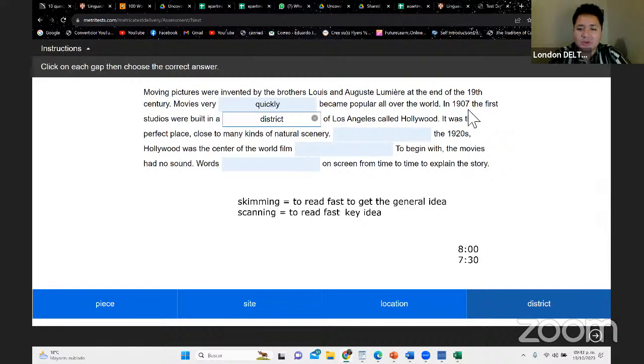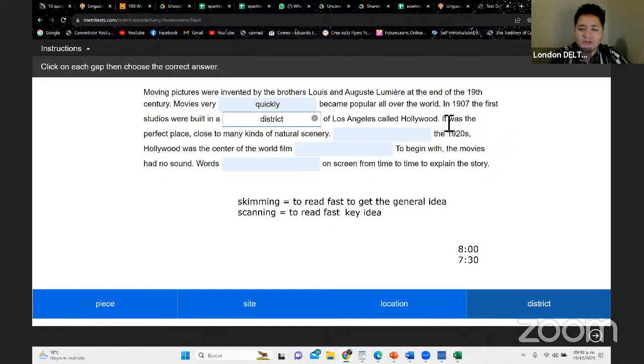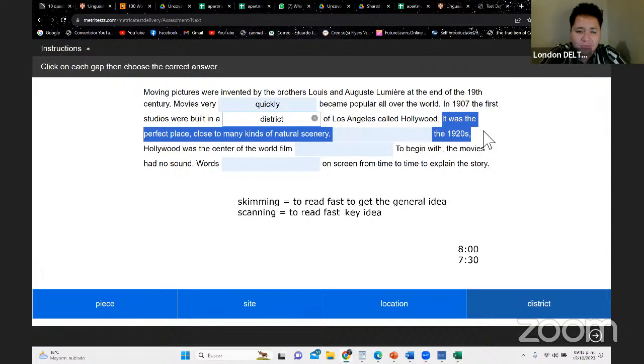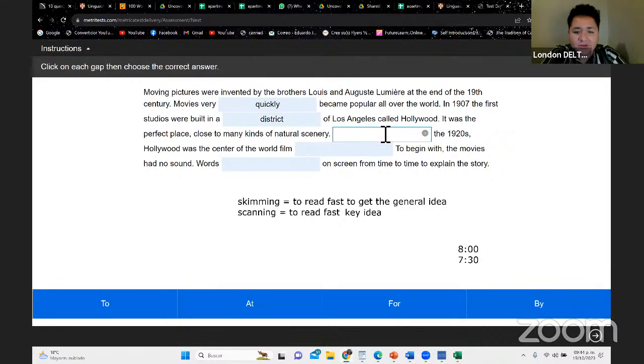Okay, let's read the next one, and you will try to choose an option. Rocio, can you read, please? It was the perfect place, close to many kinds of natural scenery. Okay, now you choose.